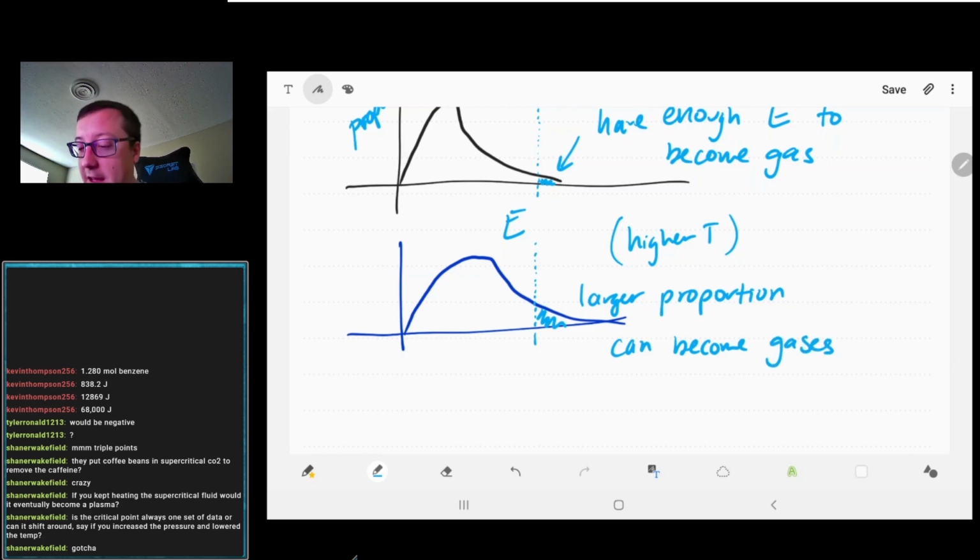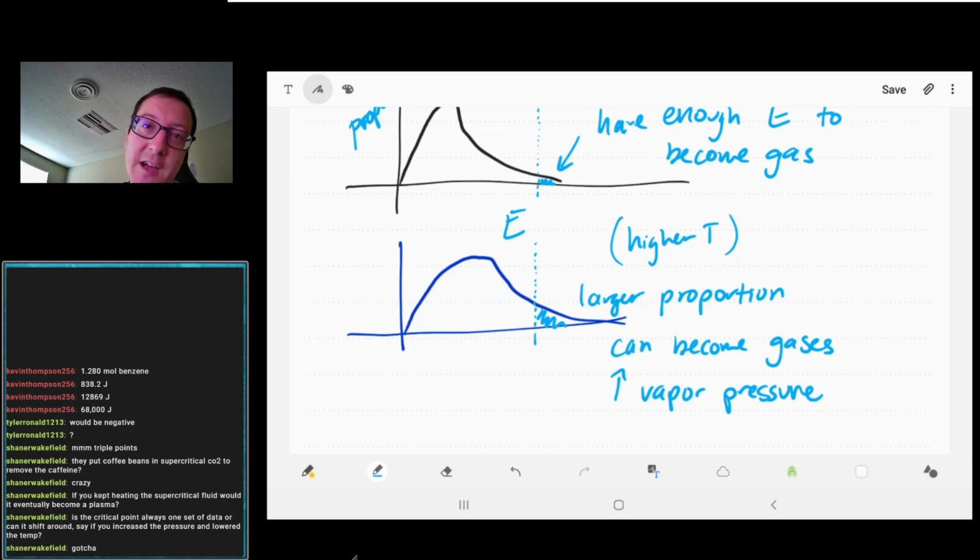And that's going to therefore increase the vapor pressure. So vapor pressure is dependent on temperature. It is constant at one temperature, but if you change the temperature, your vapor pressure will change. So if your temperature goes up, your vapor pressure goes up. If your temperature goes down, your vapor pressure goes down.